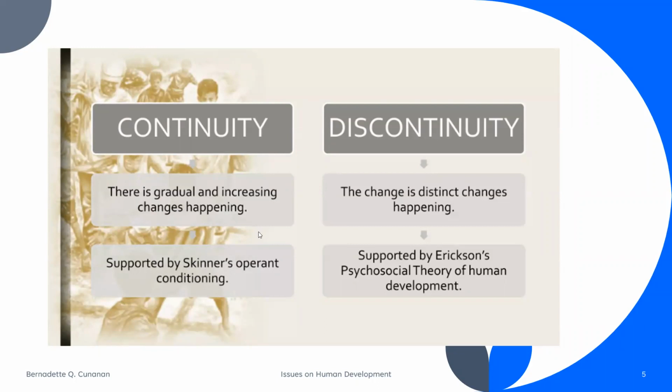Now, the discontinuity view sees development as more abrupt. A succession of changes that produce different behaviors in different age-specific life periods called stages. So they believe in stages, no? That's why I told you we will be working on Erikson's psychosocial theory of human development. Biological changes provide the potential for these changes.